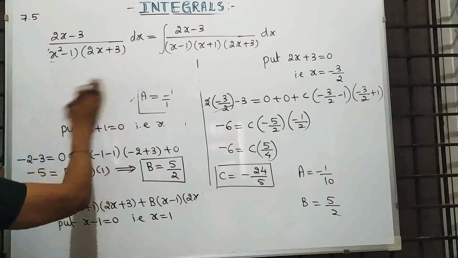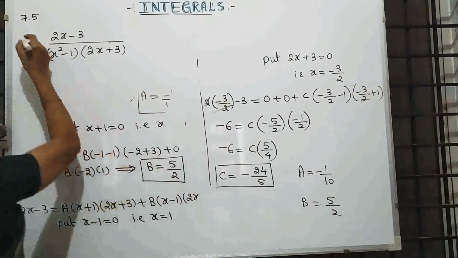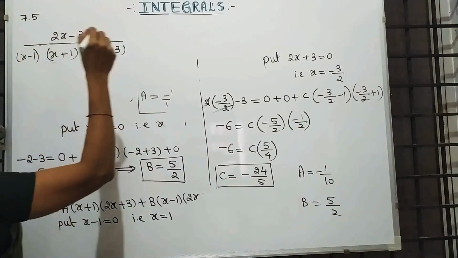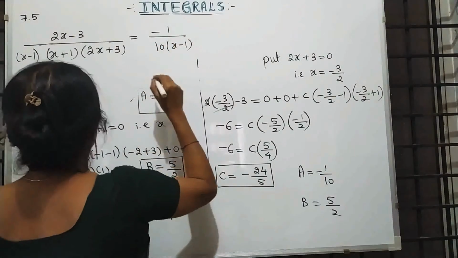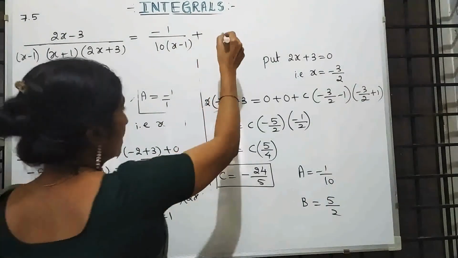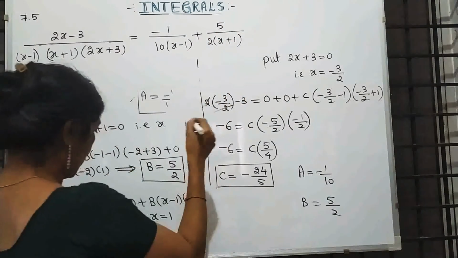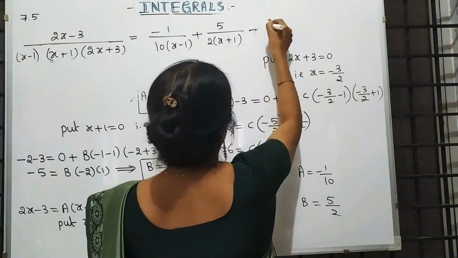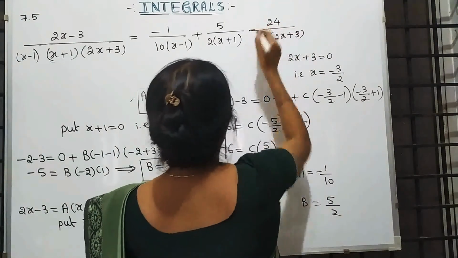Therefore equation 1 becomes, if you want you can write, x square x minus 1 x plus 1 is minus 1 by 10 into x minus 1, plus B, which is 5 upon 2, into x plus 1, plus C, which is minus 24 by 5, into 2x plus 3. Now integrate.